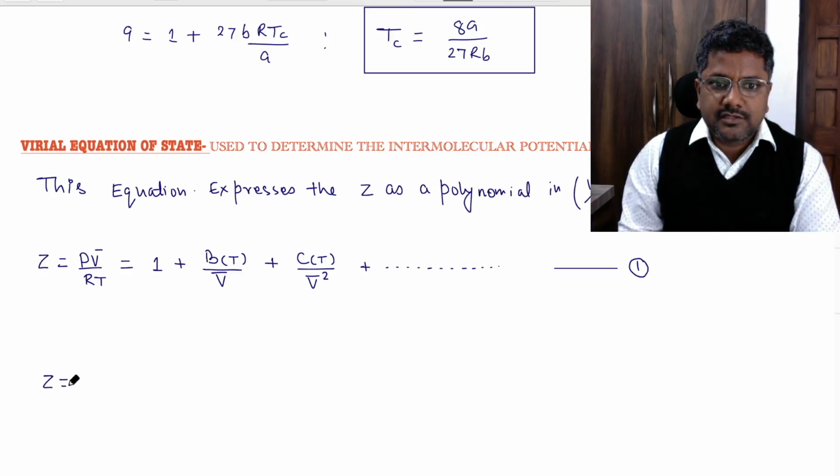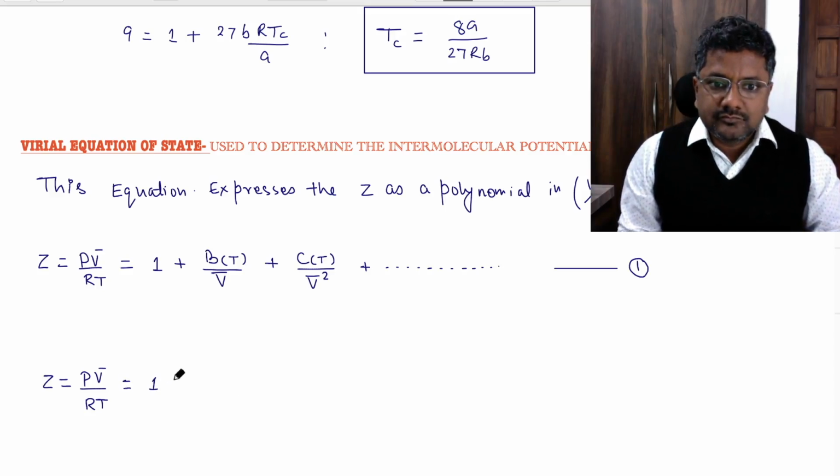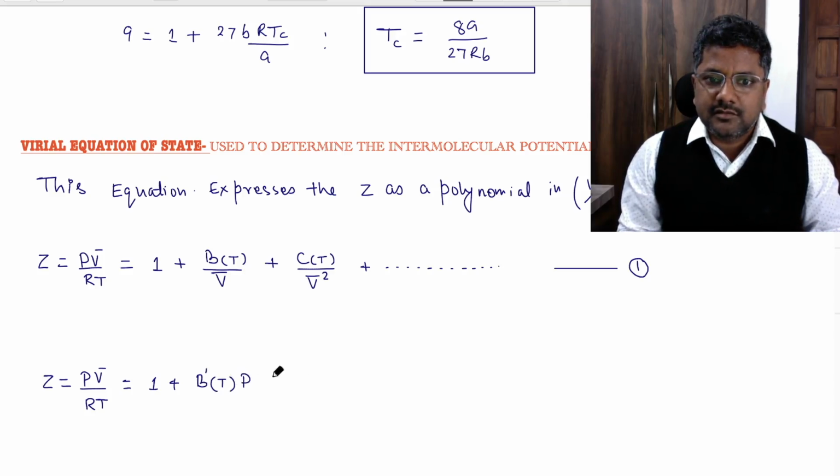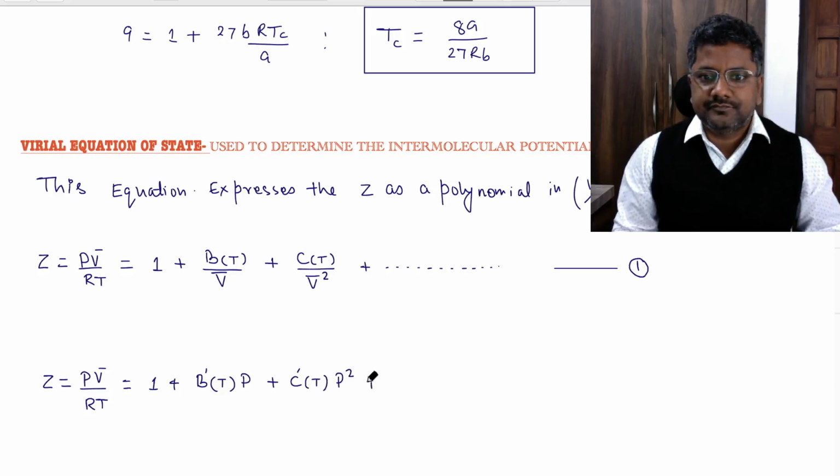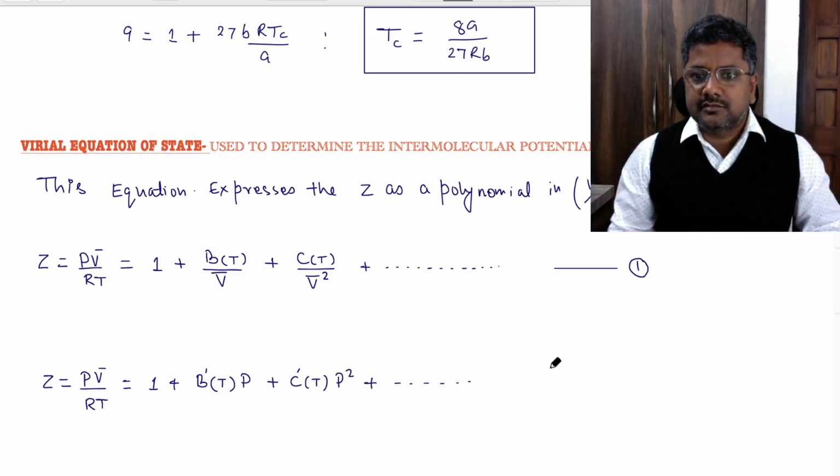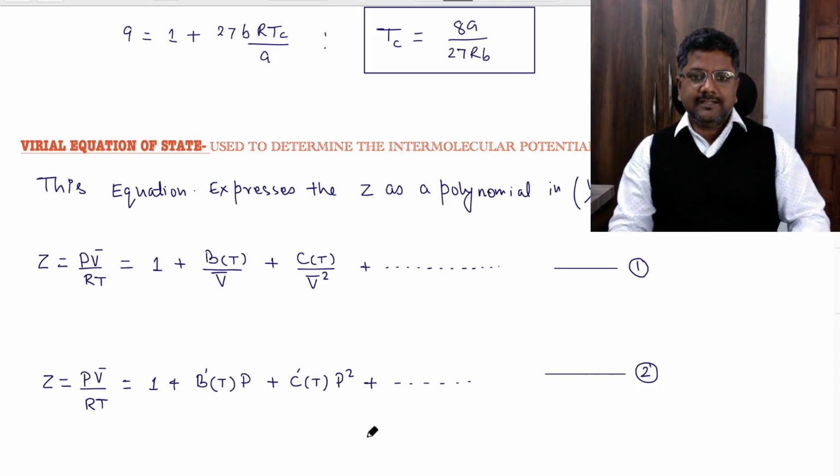Z is equal to PV by RT, this is equal to 1 plus B dash(T) into P plus C dash(T) into P square plus and so on. This is equation 2, right?